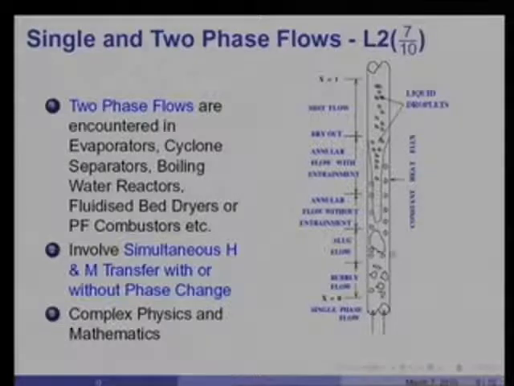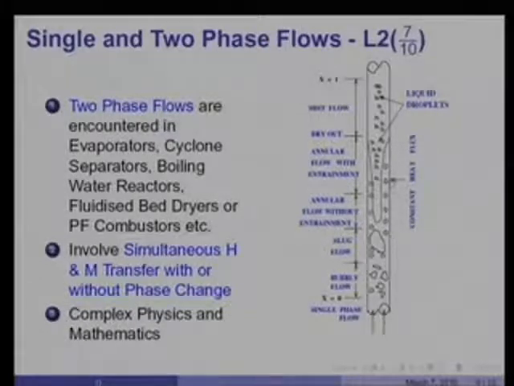As we go downstream, the temperature of the wall continues to rise, and the number density of bubbles also increases, so much so that some of the bubbles actually coalesce with each other and form large bubbles, which are sort of confined and surrounded by smaller bubbles. The large bubbles move like slugs, and therefore such a region is called the slug flow region.